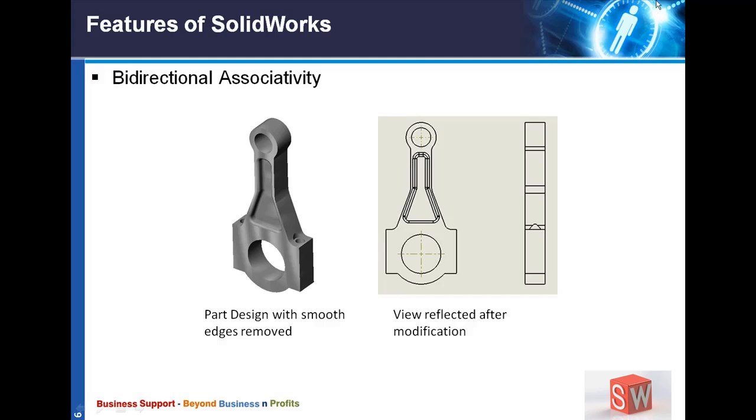The first image shows the part created, and the second image shows the part used for creating orthographic views. The engineer creates the connecting rod first and then creates the orthographic views, so these are two separate files.